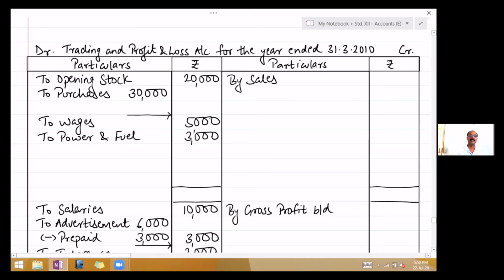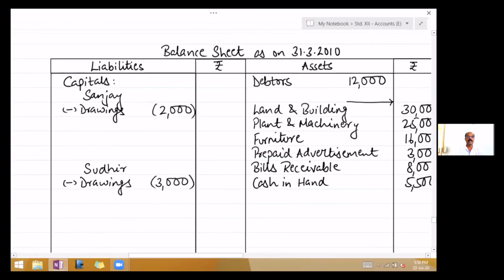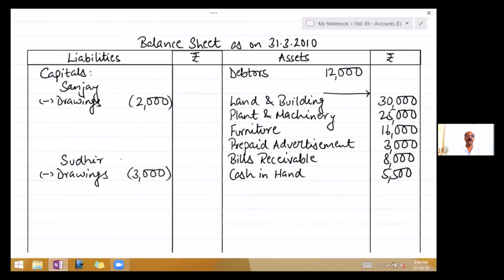Now take the credit balances of the trial balance. First item in the credit of the trial balance is capitals. Go to the liability side. Sanjay's capital is 40,000, written in the inner column, and Sudhir's capital is 30,000, also in the inner column.